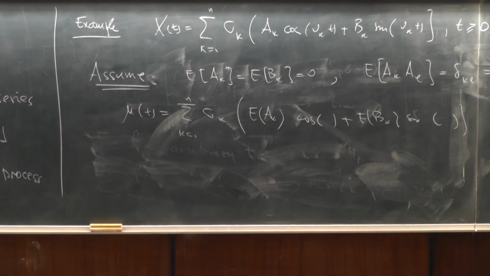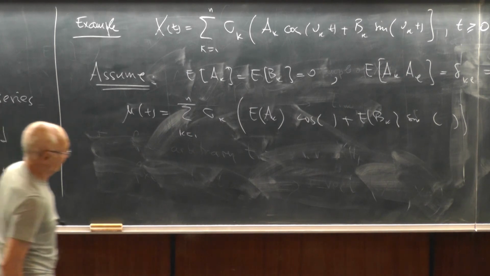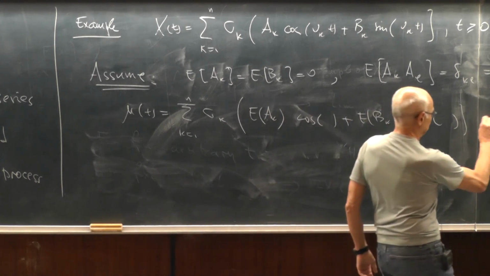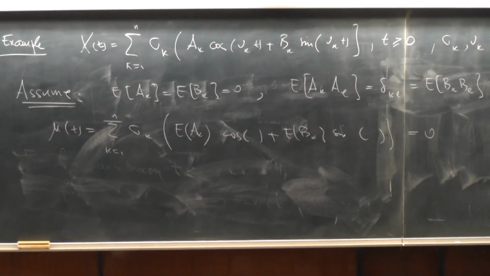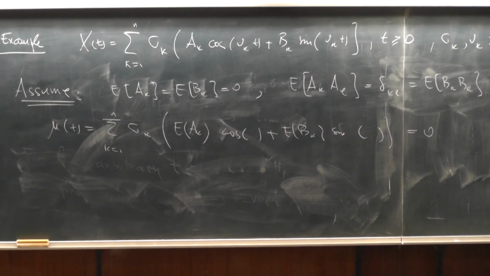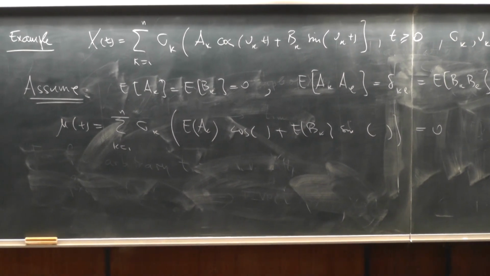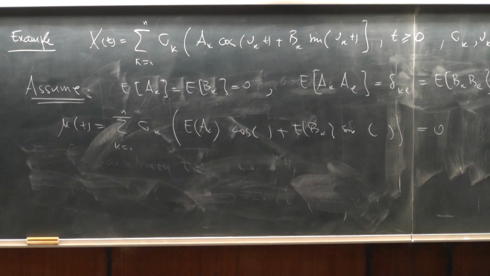Why do you think I'm suddenly getting lazy? Because the expectations of the A's and B's are 0 by assumption, finite sum. So the mean function is 0. That is, the process mean is invariant in time.